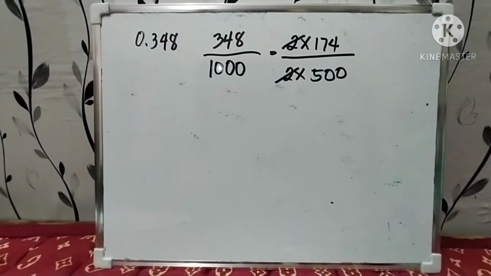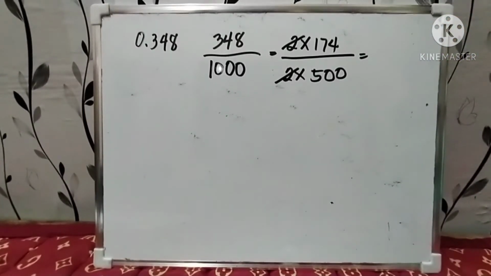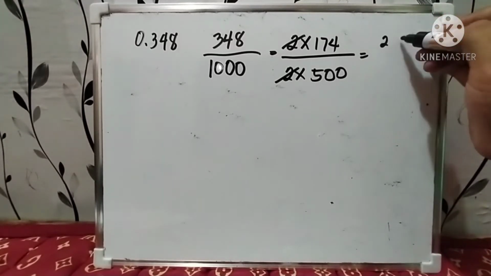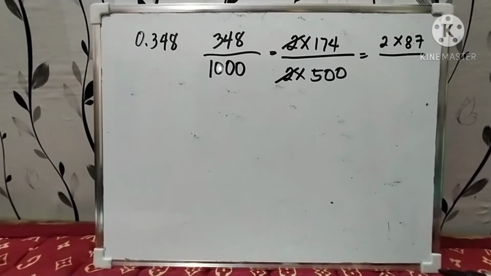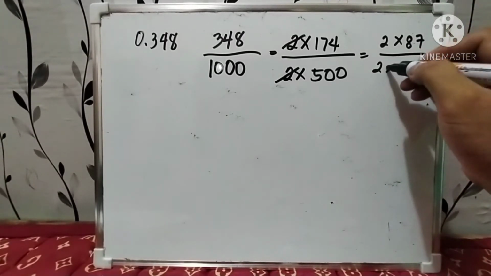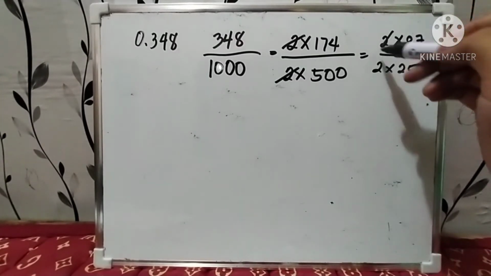Ang natira ay 174 over 500. But, 174 is divisible by 2. So, ano siya? 2 times 87. Ayan. Tapos, yung 500 is 2 times 250. So, cancel ulit natin yung 2.